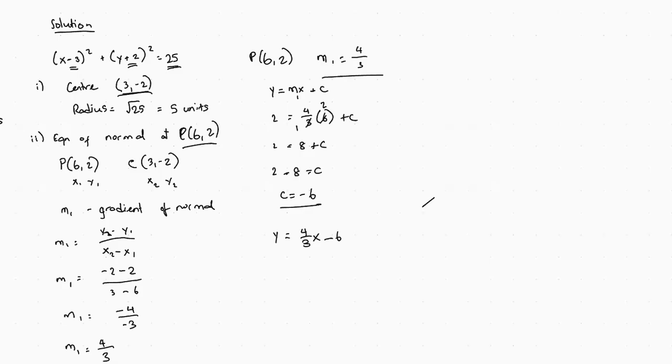Now, we can move on to the final part of the question, where we have to determine the equation of the tangent. Now, the tangent is perpendicular to the normal. Whereas m1 is the gradient of the normal, m2 is the gradient of the tangent.